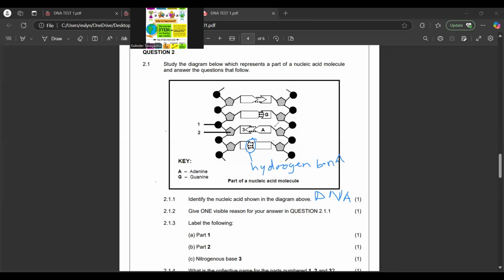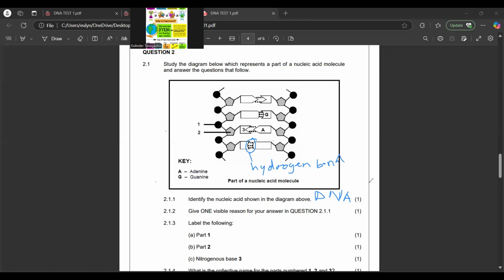This is double stranded because we have this part and also this part. These are nucleotides, so they're double stranded. You were asked for one visible reason, but you've already given two, so you get the 1 mark.